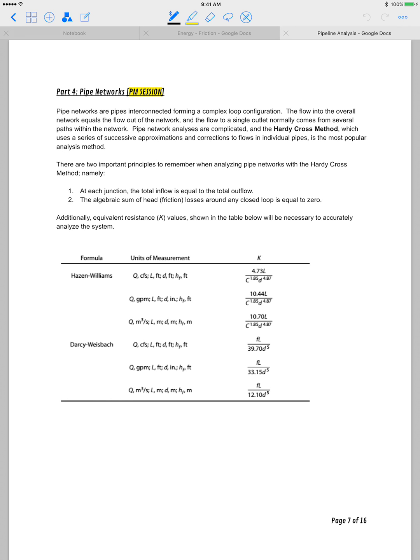Moving on to part 4. Now this is PM specific. Pipe networks are called out only on the PM. After this, though, if you want to fast forward, we do have the branching reservoirs. You typically see a complicated branching reservoir question on the PM portion, but a simplified version in some way, shape, or form, qualitatively or quantitatively, could potentially fall in the AM portion.